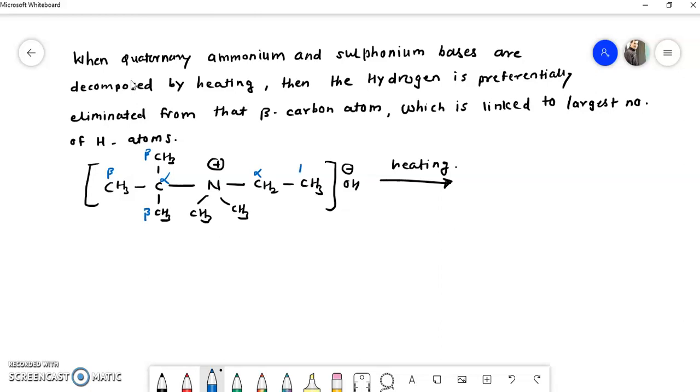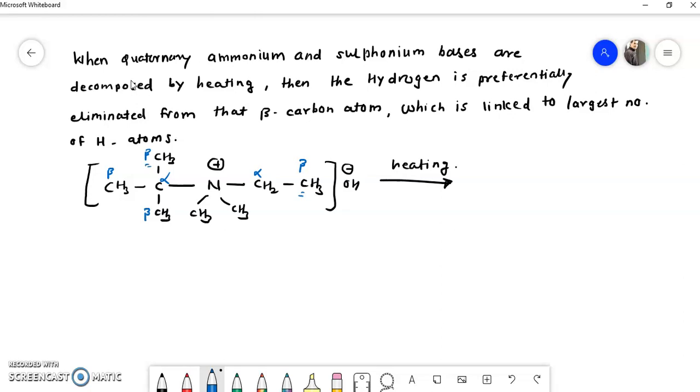So these are the chances where the proton can be abstracted. If we decompose this quaternary ammonium base while heating, there is a possibility of abstracting the proton from this beta carbon, or this beta carbon.